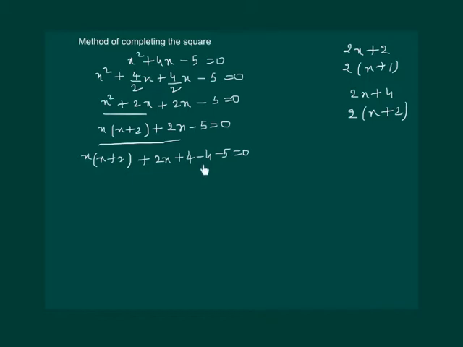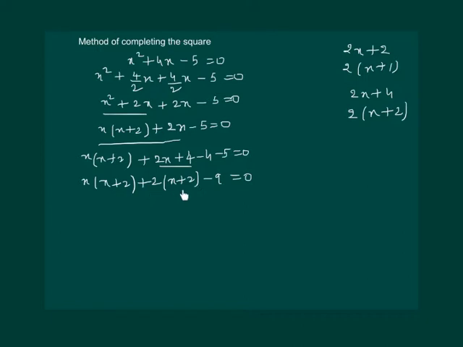Addition and subtraction of 4 has not changed my equation, but it has facilitated us, as now we can take out 2 common and get x into x plus 2, plus 2 common x plus 2, and minus 4 minus 5 becomes minus 9 equal to 0.